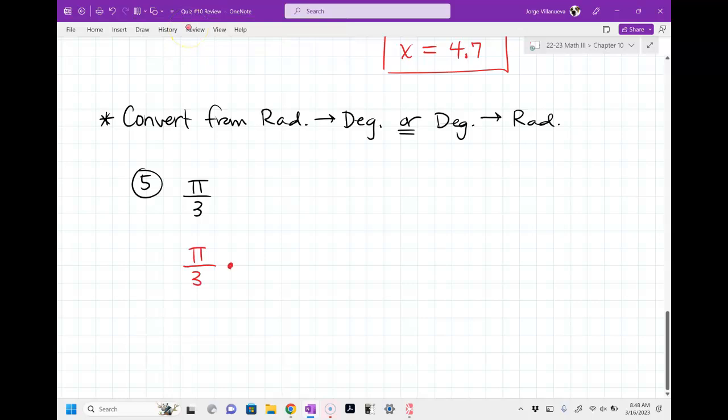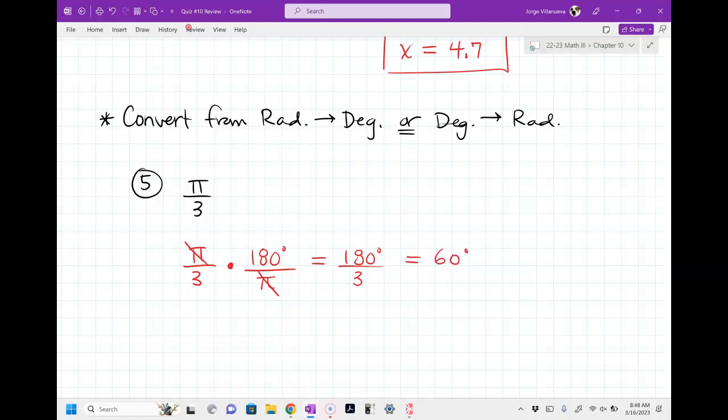You're going to multiply times 180 degrees over pi. Now remember, the pi values will cancel out because they are diagonal to each other. So you're just left with 180 degrees divided by 3. If you put that in your calculator, your answer comes out to 60. So this would be 60 degrees.